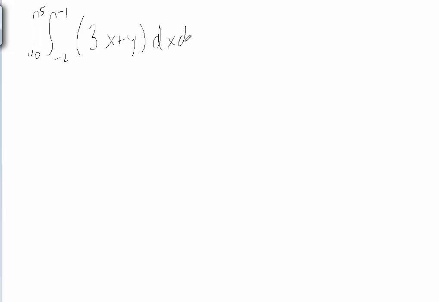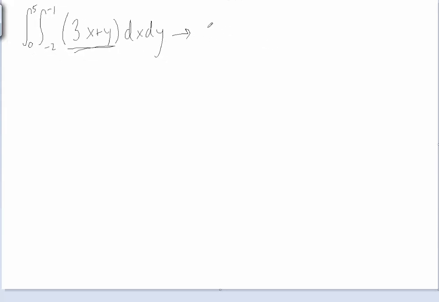So here we have a double integral. It starts out with a function like this. What we're going to do here is simply do a little distributive. So 3x times dx dy plus y times dx dy.